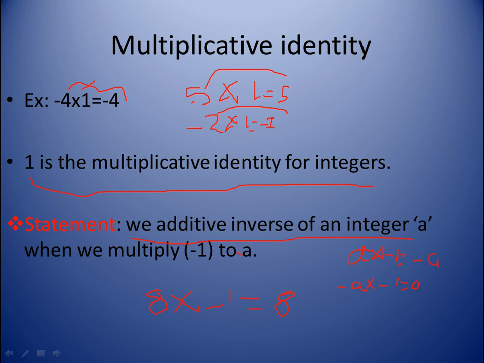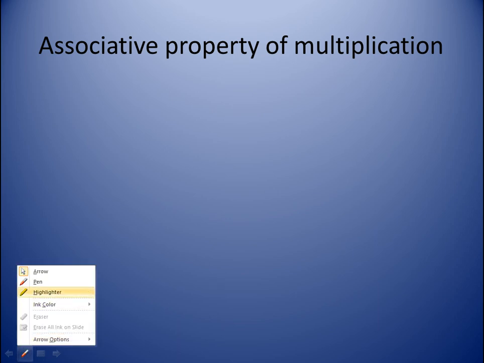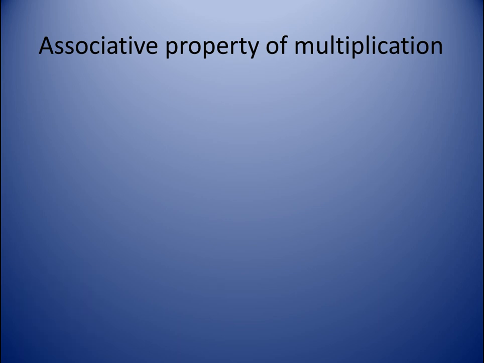If you multiply any number with minus 1, you get the additive inverse of that number. The additive inverse of 8 is minus 8, and the additive inverse of minus a is a. Now, the associative property of multiplication.